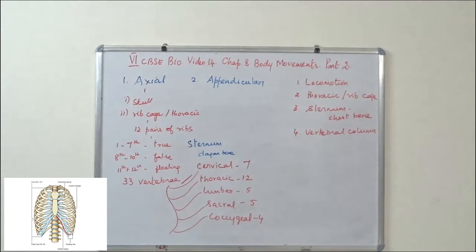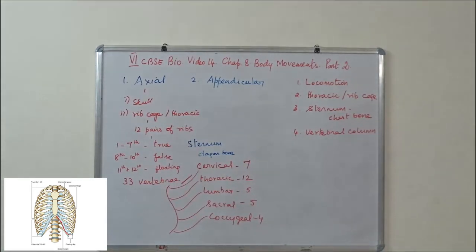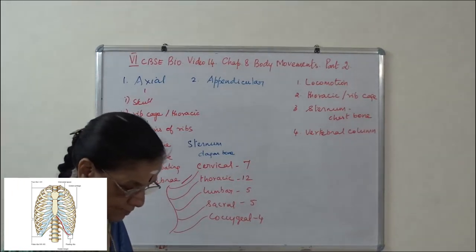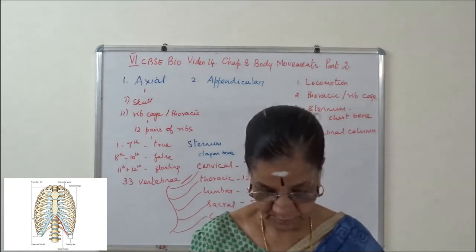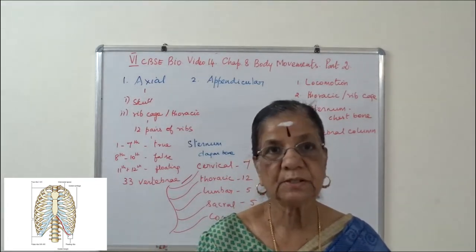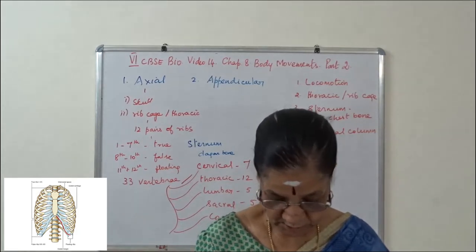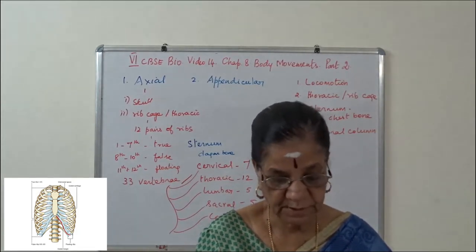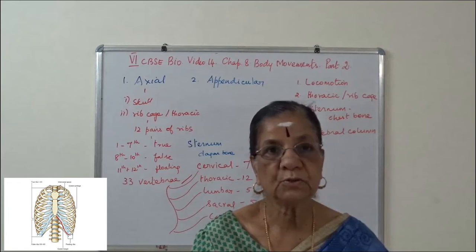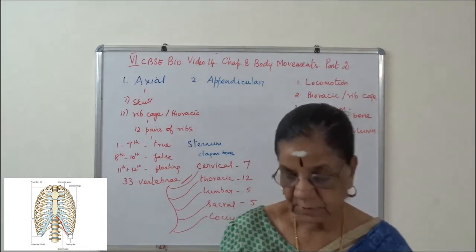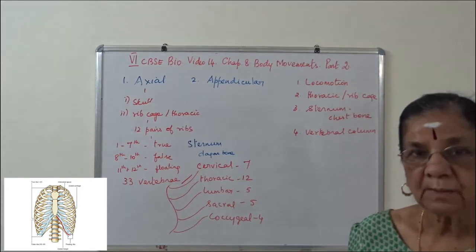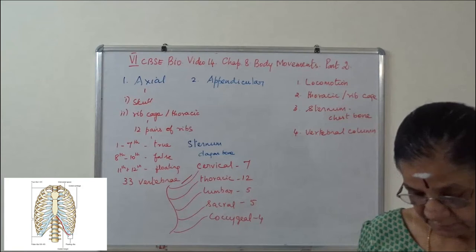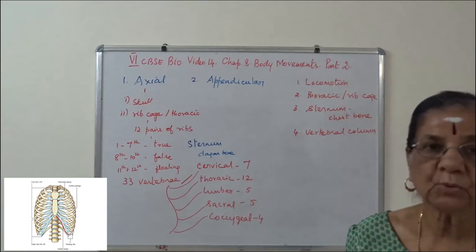This vertebral column has a natural S-shaped curve. It helps to support the weight of the body, and the vertebral column consists of 33 vertebrae that can be grouped into 5 sets: cervical 7, thoracic 12, lumbar 5, sacral 5, coccygeal 4.